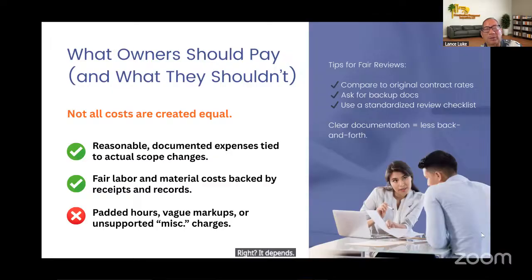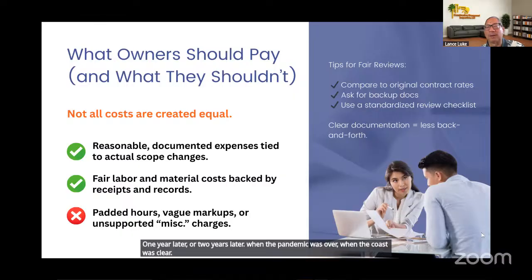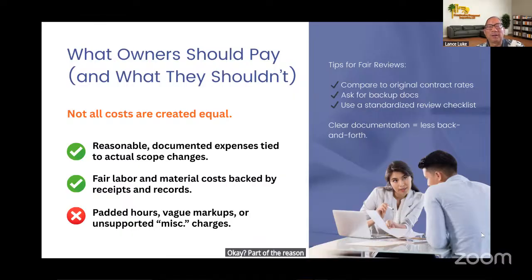It could have been on hold for various reasons. Now, let's say the work resumed 1 year later or 2 years later, when the pandemic was over, when the coast was clear, okay? Part of the reason why contractors couldn't work during the pandemic was because they didn't have materials. There was a supply chain issue, right? Factories were shut down and they couldn't get building materials and things like that.